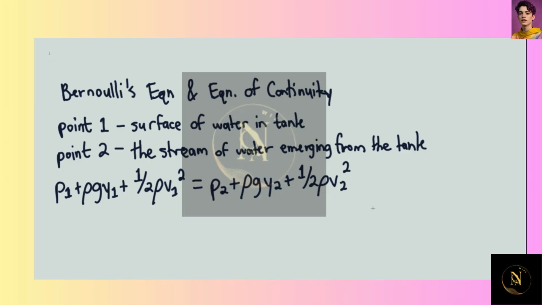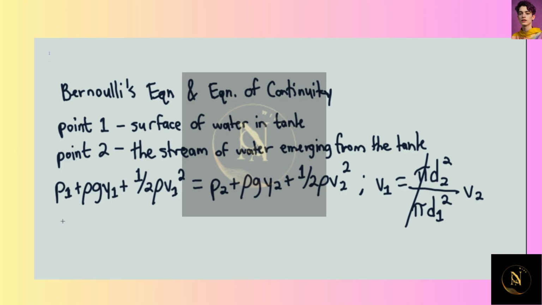From the equation of continuity, v sub 1 equals pi times d sub 2 squared divided by pi times d sub 1 squared. Of course, the pi's cancel out, and this is multiplied by v sub 2.